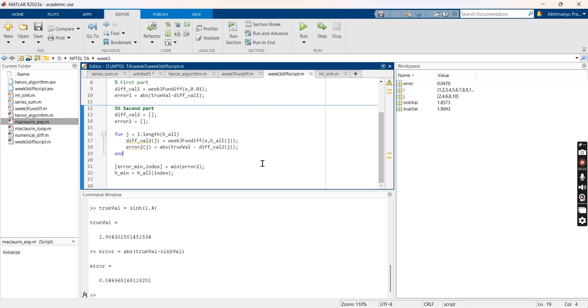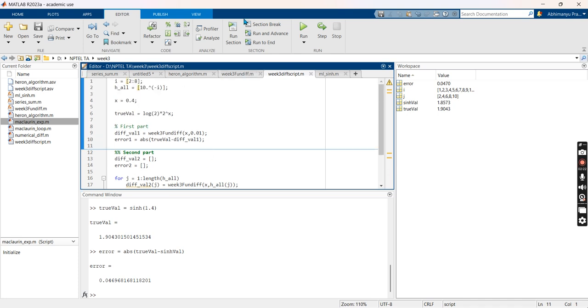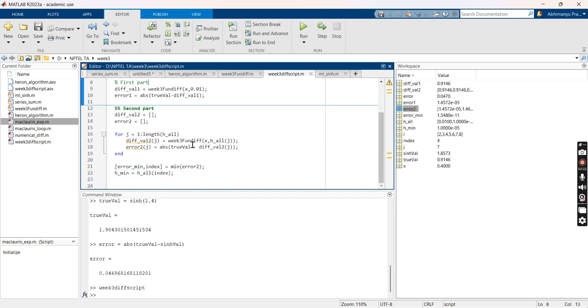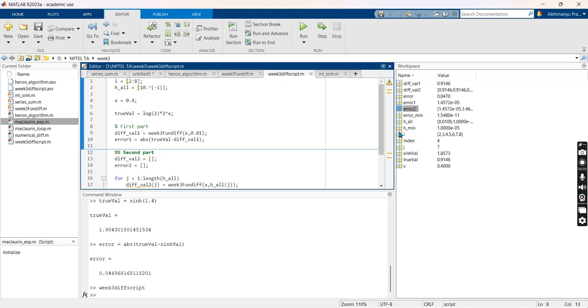So my question is: can we start from 2 itself and still get the minimum value instead of starting from 1? Is there a possibility? Okay, let me just run this and try the code. So this h, I is a 1 cross 7 vector.